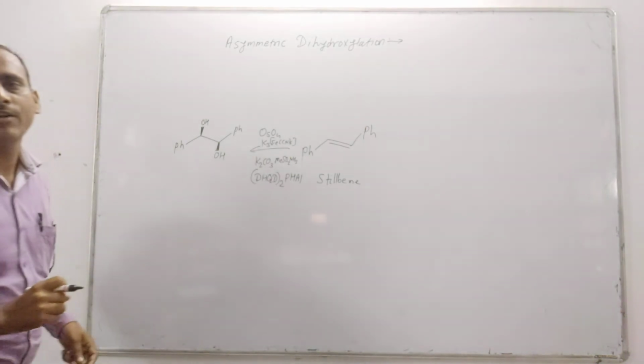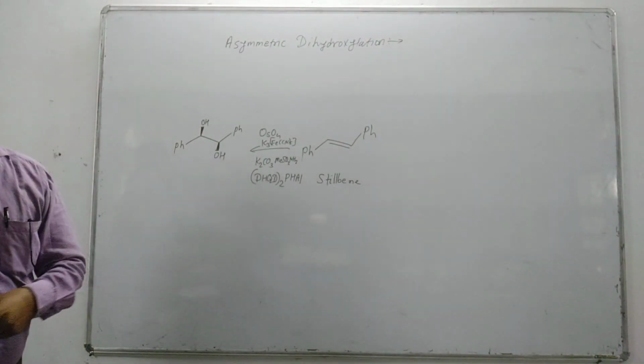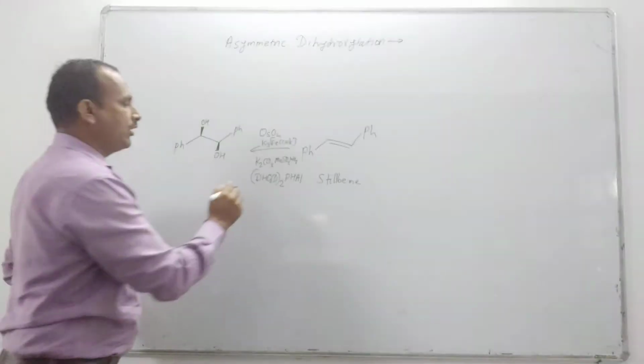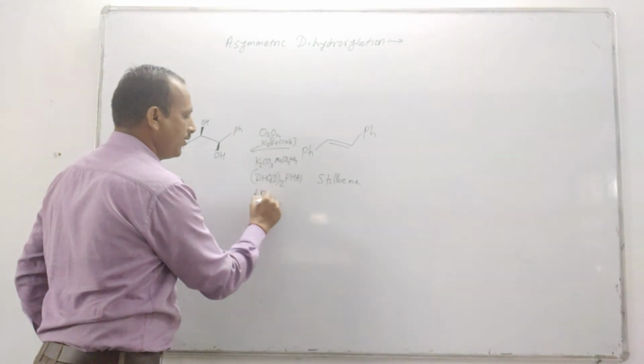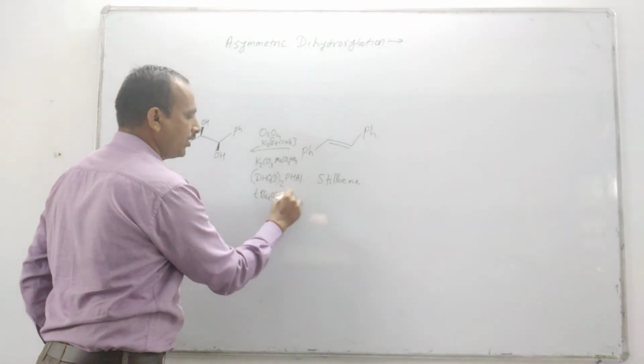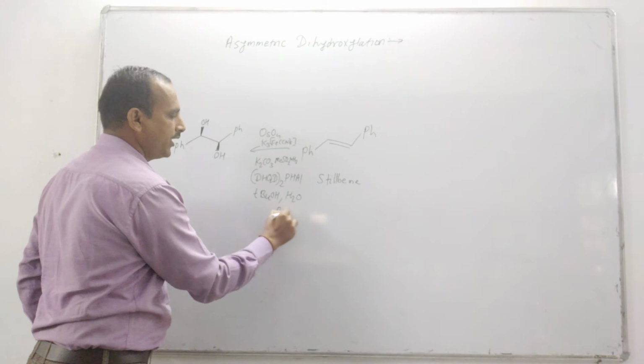So both the hydroxyls from the top face, and the solvent used for this is tertiary butyl alcohol and water at 0 degrees Celsius.